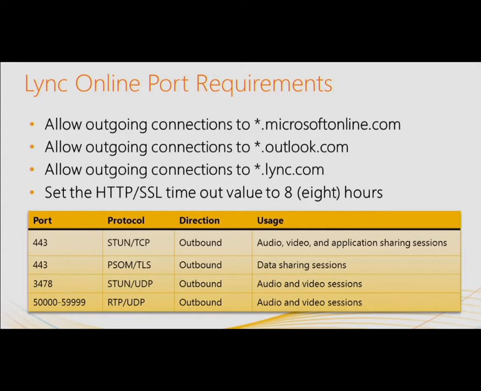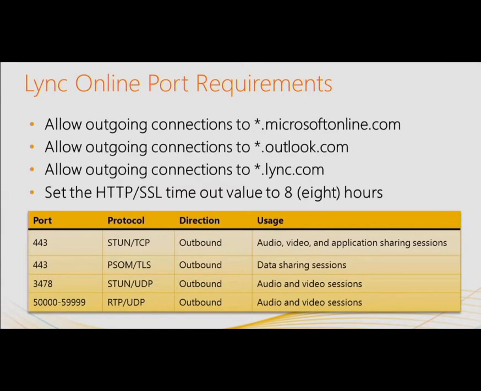I need 3478 for audio, video too, and I need a port range for audio, video again, which is going to be used by the RTP or UDP protocol. And this is great if you can really have this on the tip of your fingers. So this is the portion, just in case, this is mandatory for your work.